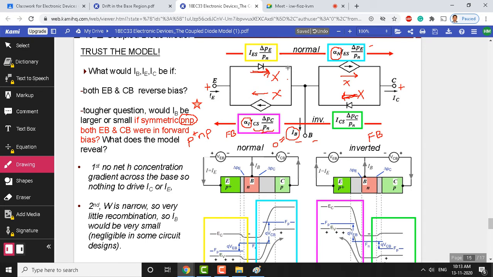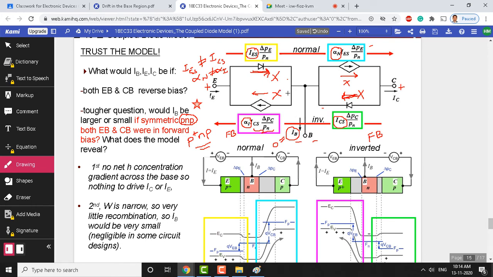We already said that the current transfer ratios will differ, alpha n is not equal to alpha I, and even the reverse saturation currents IES and ICS are not the same. The P plus emitter is heavily doped, so IES is not equal to ICS, and alpha n is not equal to alpha I. Because of that, there will be some base current for this type of BJT. When there are different dopings, the base current will result.